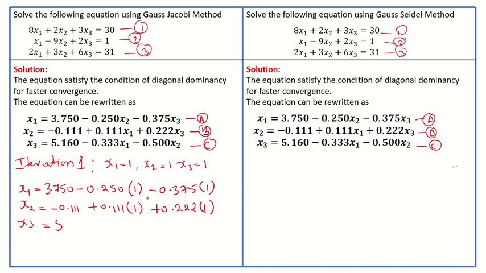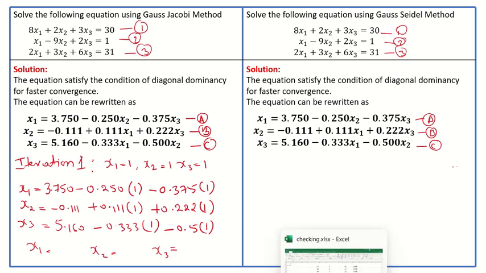Similarly, x3 equal to 5.160 minus 0.33 into x1. x1 value is 1, minus 0.5 into x2. x2 is also 1. Now you are going to get the values of x1, x2 and x3. So this is the first iteration you are going to get using the Jacobi equation.